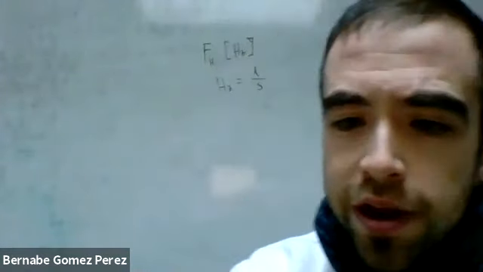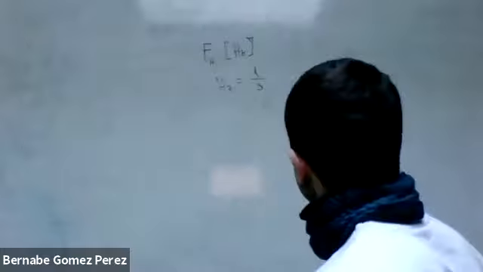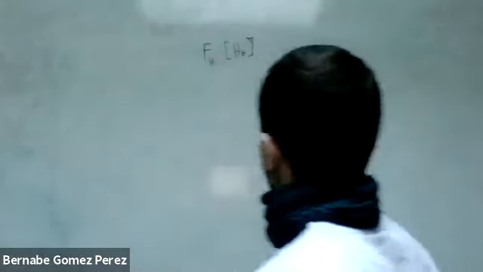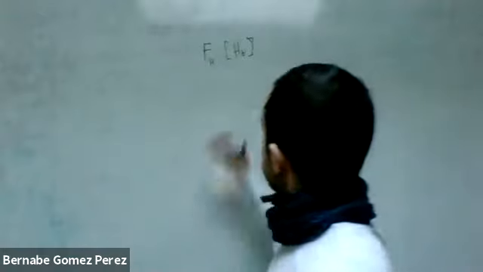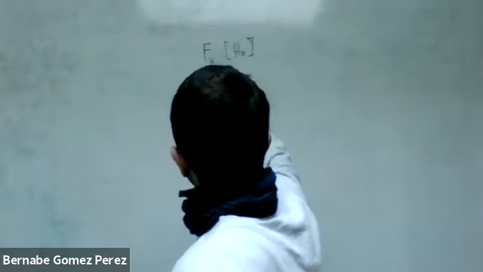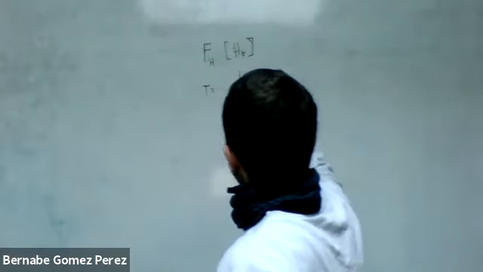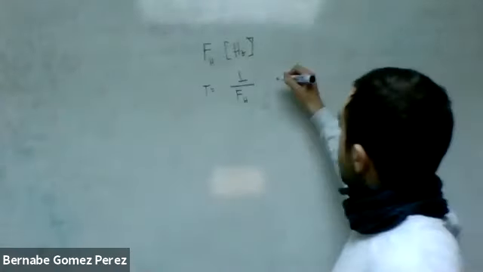What is the time for one cycle of the radio wave? Okay, so we know that the frequency is the inverse of the period. And we just want the time, so we would take the inverse of that. Which is the inverse of that? Well, basically 1 divided by FH, seconds.